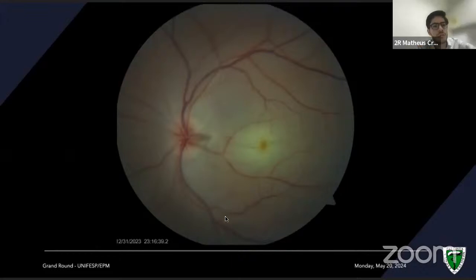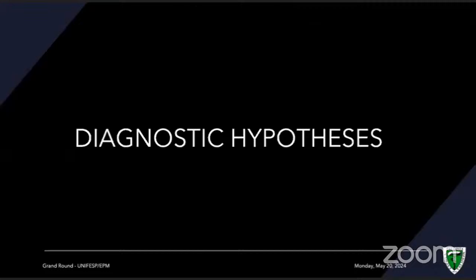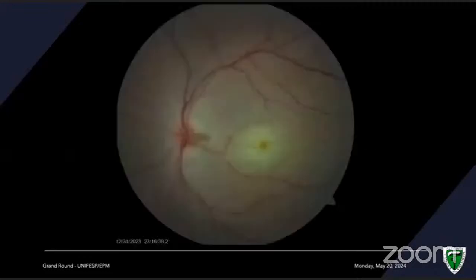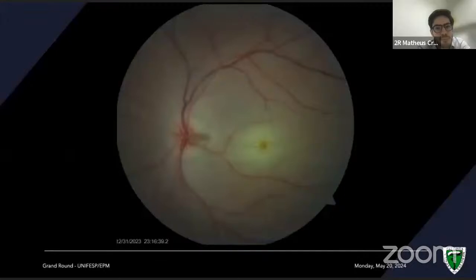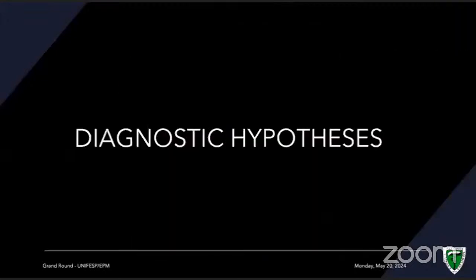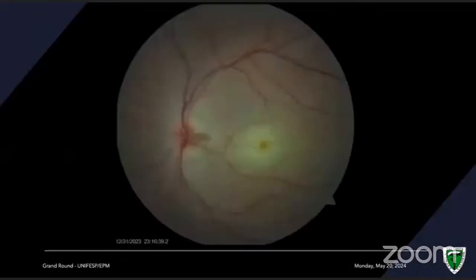Perfect. And in this image, we don't see a Hollenhorst plaque. There's also a macro vessel. Yes. And you have the very small ciliary artery, a patent ciliary artery that is very small.